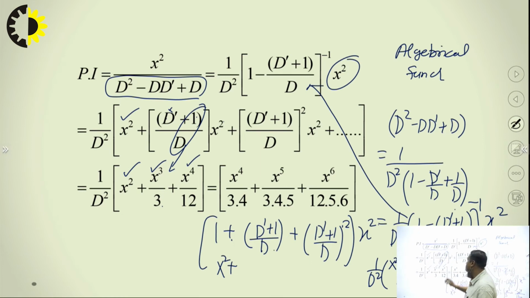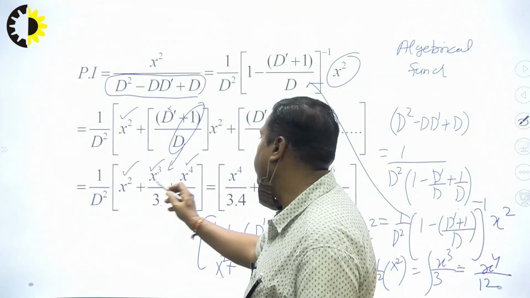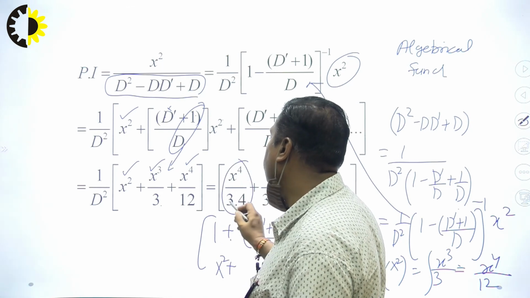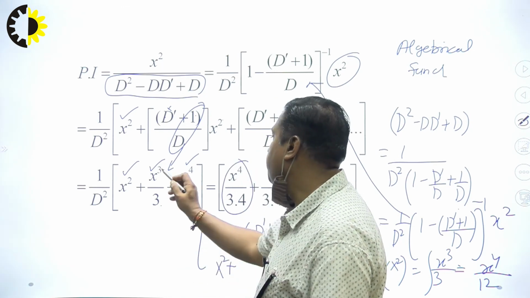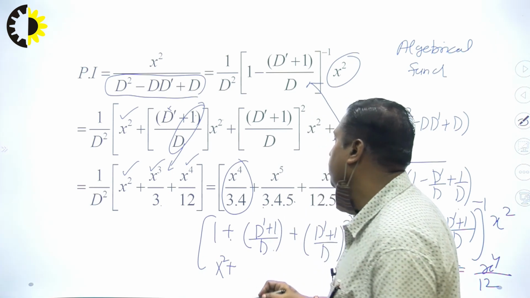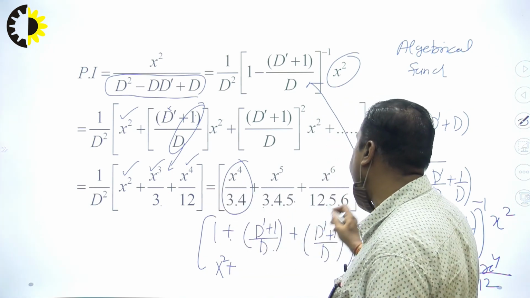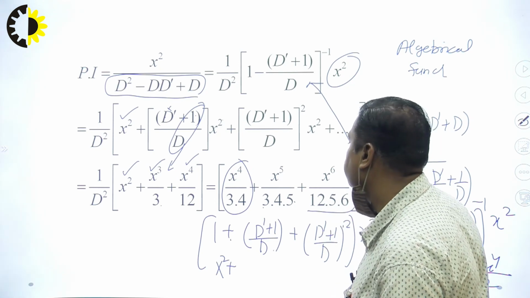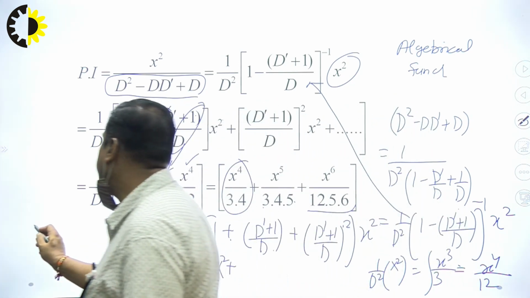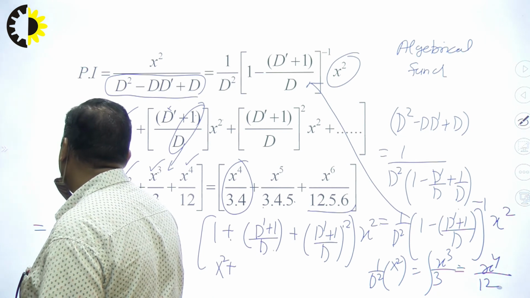And here 1 upon D square means integration with respect to x. So the integration of x square is x power 4 upon 3 into 4, then x power 5, and the integration of x power 4, 2 times, gives x power 6 upon 1 2 5 6. That means the term becomes 2 times integration 1 upon D square.